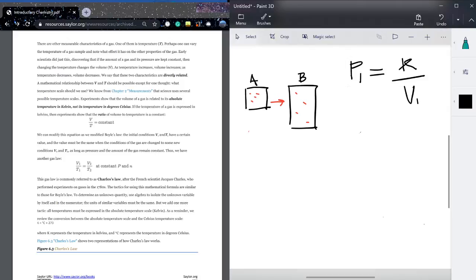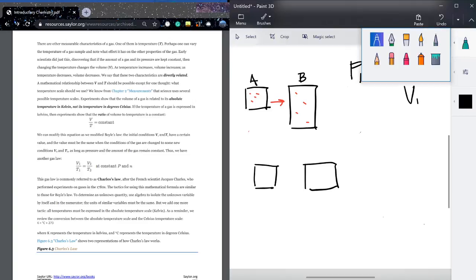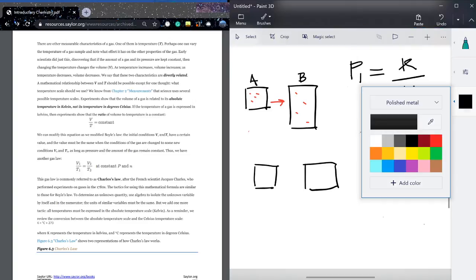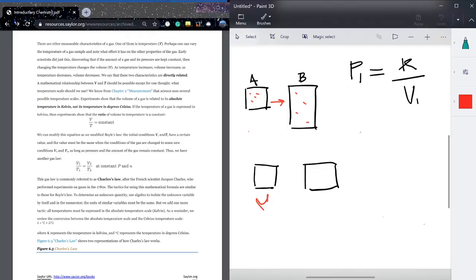So when pressure increases and all other things are held constant, let's just use temperature increasing. I don't know if it's a good idea to try to draw a fire, but we're just going to go with that.